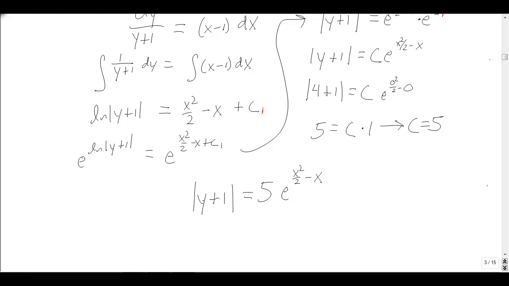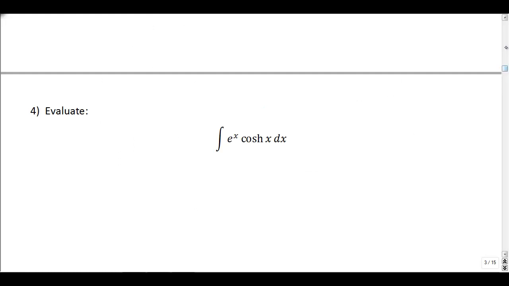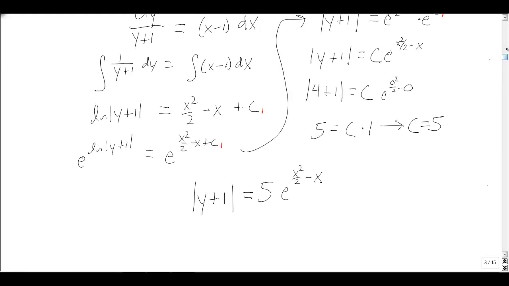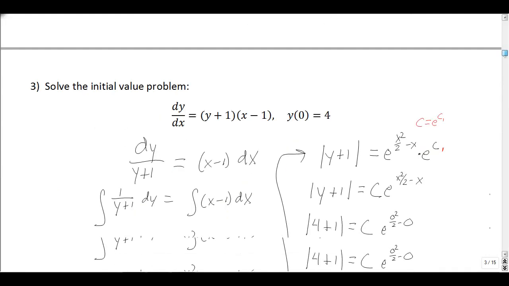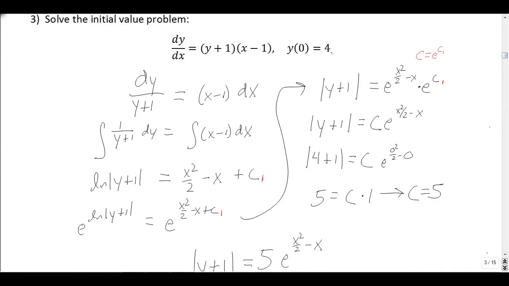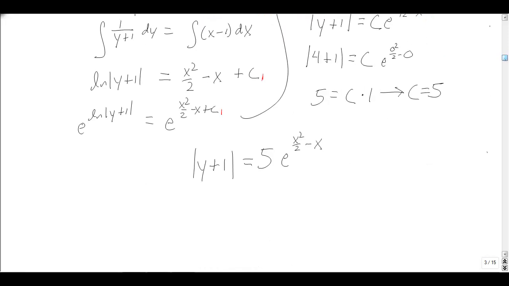Now we want to think about these absolute values here. I want to get rid of the absolute values. I know from my initial condition, y of 0 is 4. So when x is 0, y is positive, and we're generally going to think about y as staying positive all the time, or else we get some sort of continuity or differentiability issues.